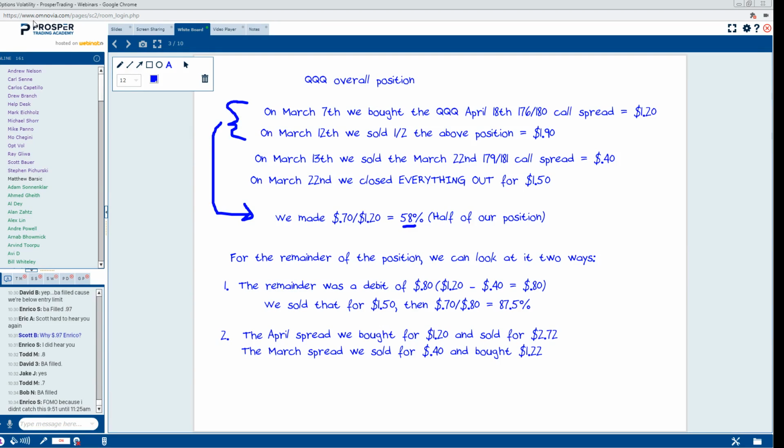Okay, watch how the math works out. Plus $1.52 minus $0.82 for a net of the same 70 cents that we just calculated in example 1 above.